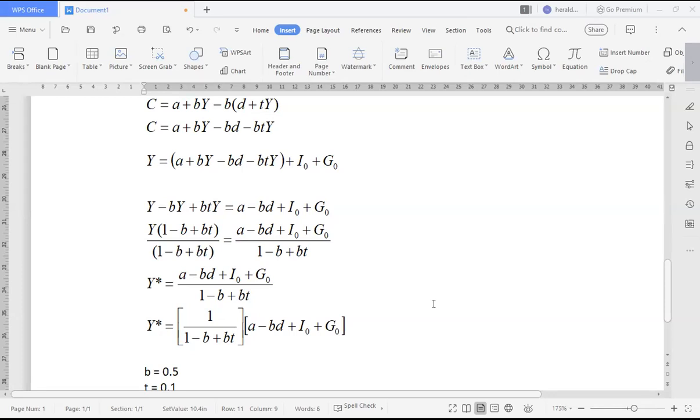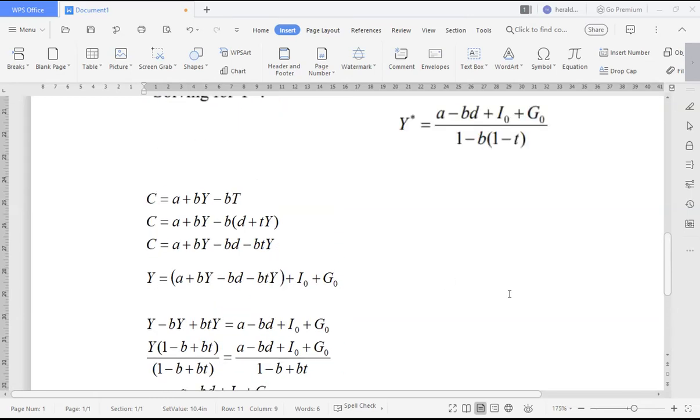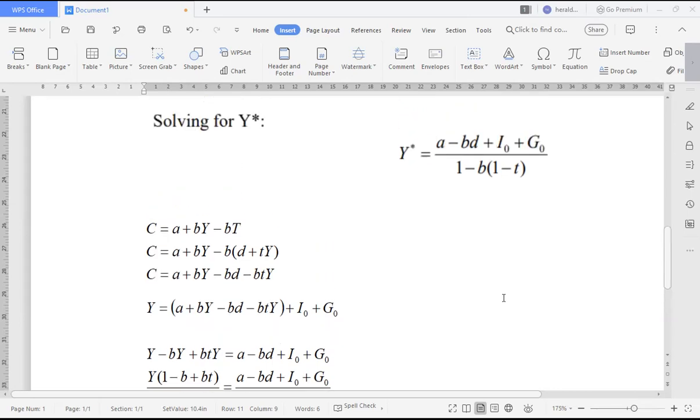That's the idea above, it was just factored out. But I think it's not possible. Ma'am, 1 minus B plus BT is a whole entity. I can't explain it.